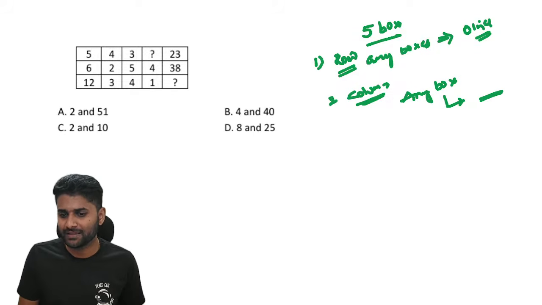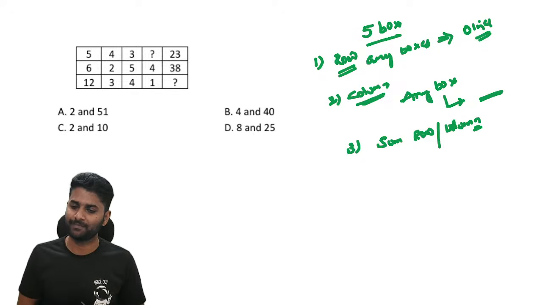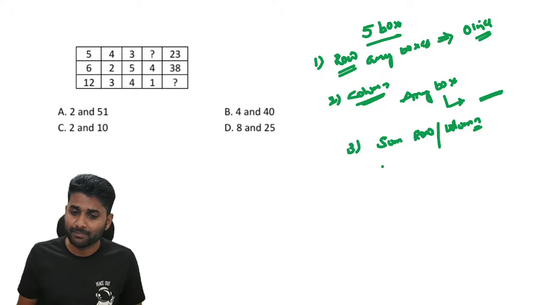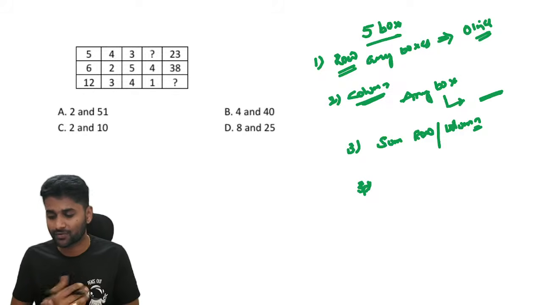If you fail in these two cases, either the sum of all the rows is equal or the sum of all the columns may be equal. Means again, the resultant of three boxes is equal to the resultant of two boxes.